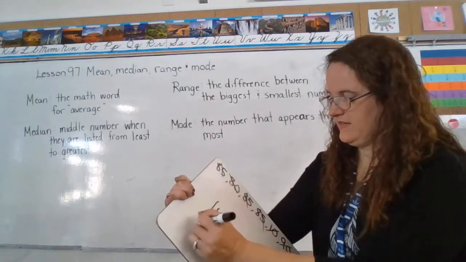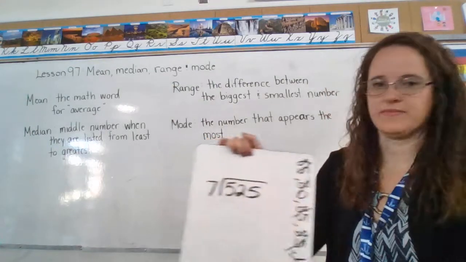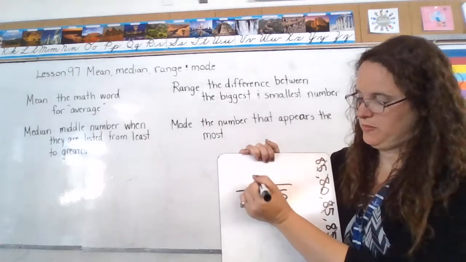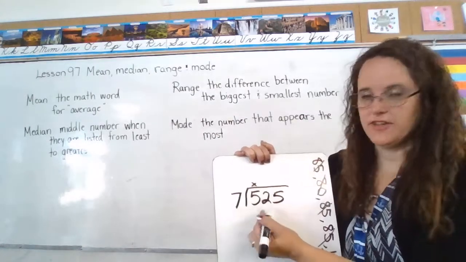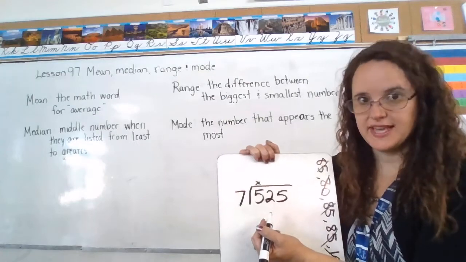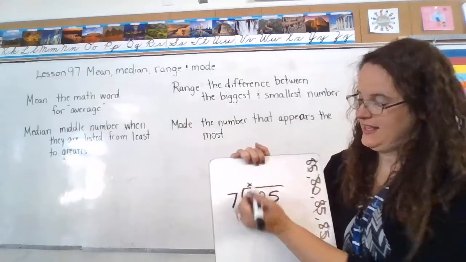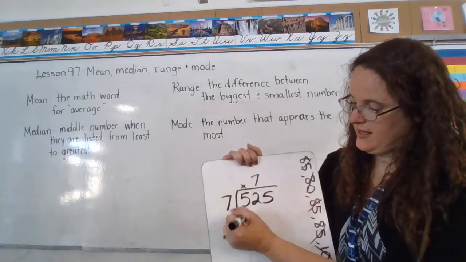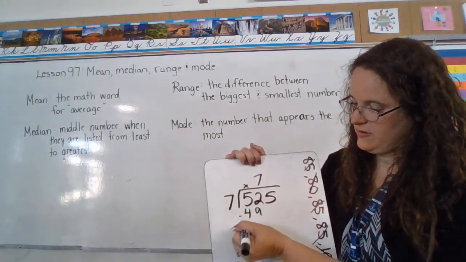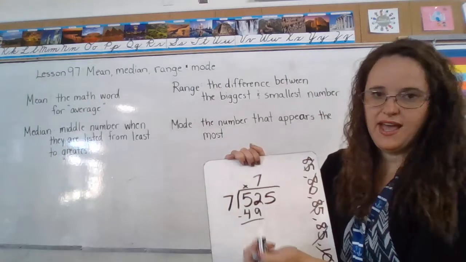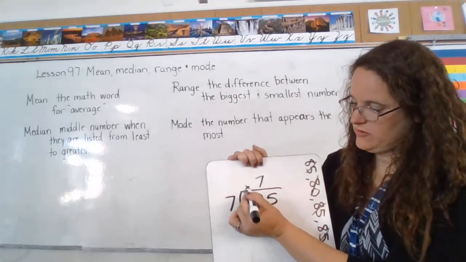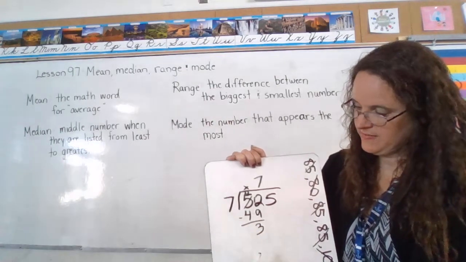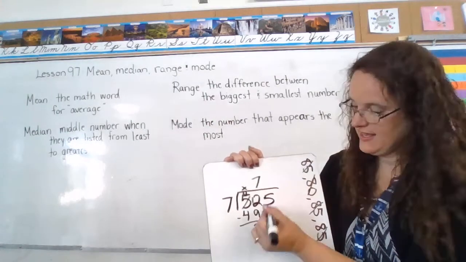It was 525 divided by 7. So does 7 go into 5? Nope. Put an X there. Does 7 go into 52? Yes. How many times? 7 times. 7 times 7 is 49. We're going to subtract. I can't take 9 away from 2, so I have to borrow. 12 minus 9 is 3. 4 minus 4 is nothing.